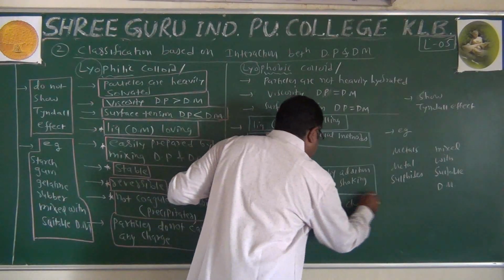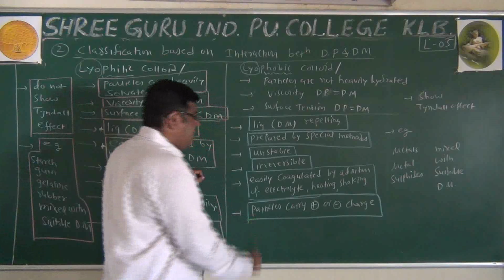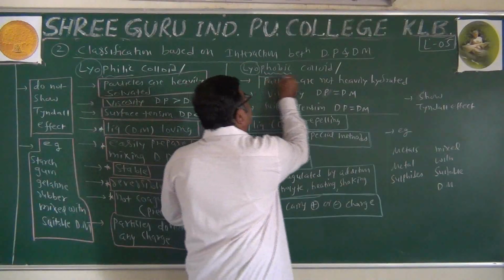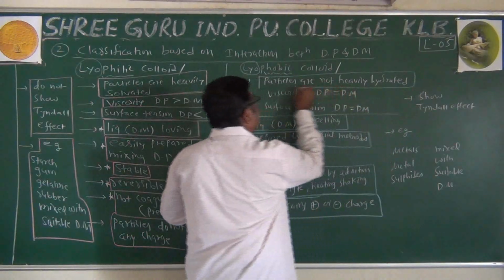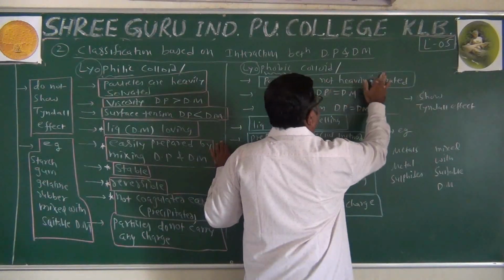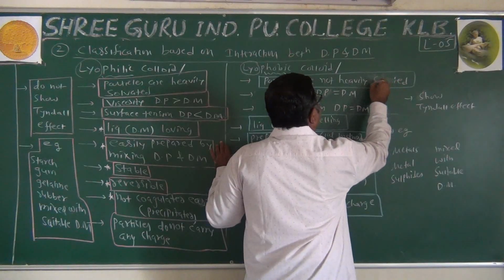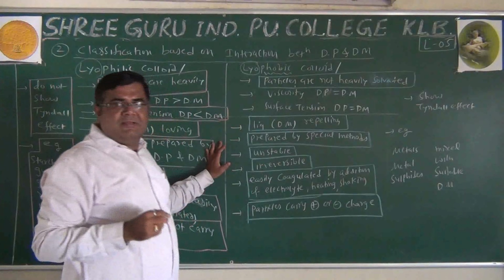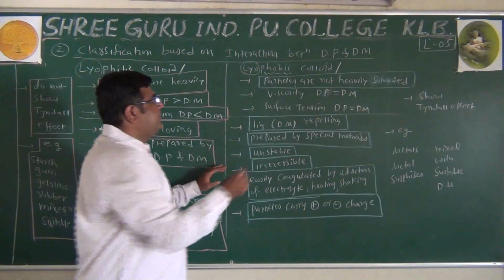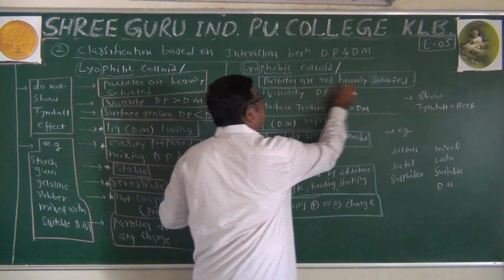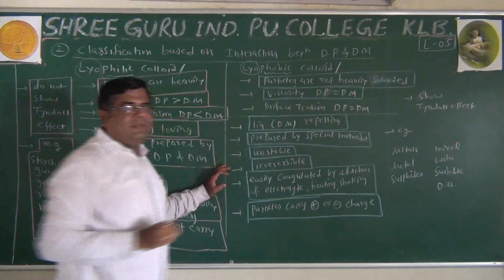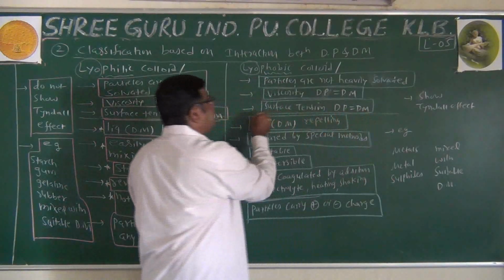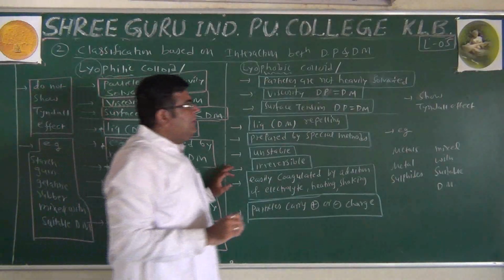Carries either positive or negative charge. Particles are not heavily, we can use this word, solvated here, instead of hydrated, solvated. Viscosity of DP and DM is similar. Surface tension of DP and DM is also equal.